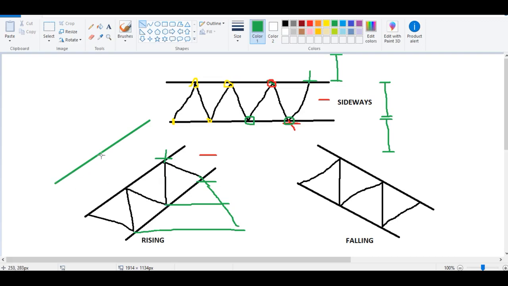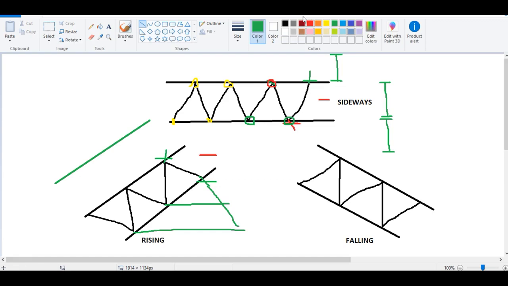So we draw a parallel line equidistant to the width of this rising channel, as you can see here. Okay, so that will be my final target for this breakout. So this is how we trade the breakouts.